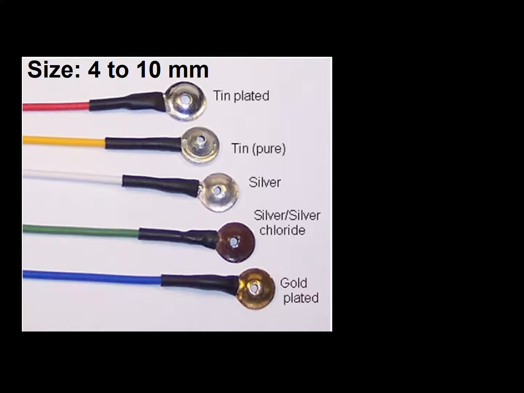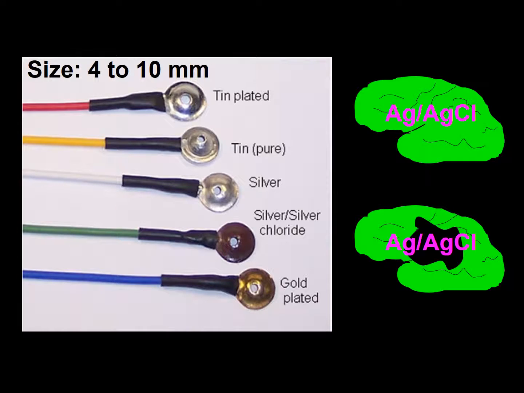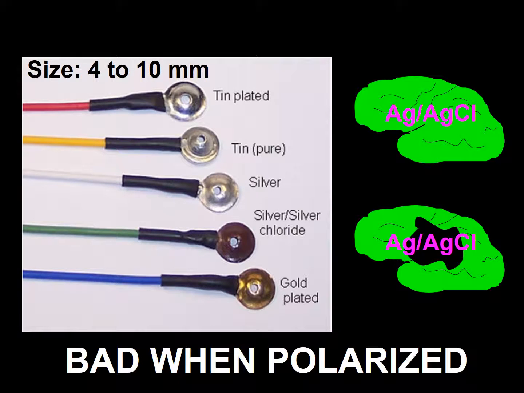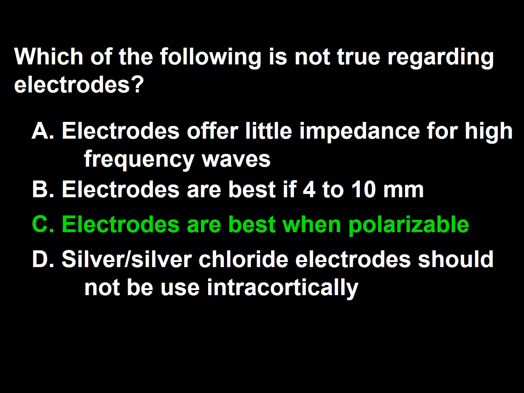The size of surface EEG electrodes should be from 4 to 10 millimeters. Silver chloride electrodes cannot be used intracranially, and polarized electrodes can lead to production of artifacts. So the answer to this question is C.